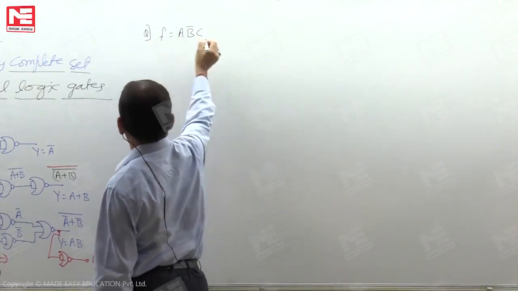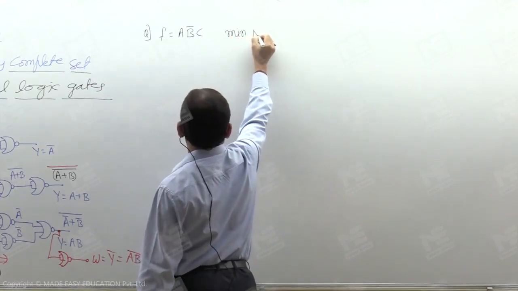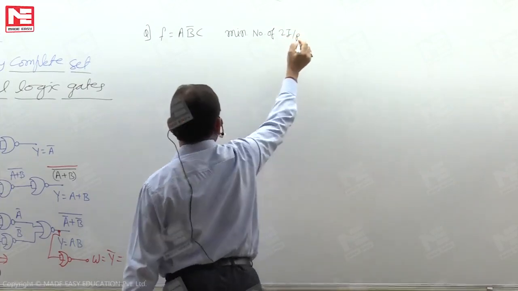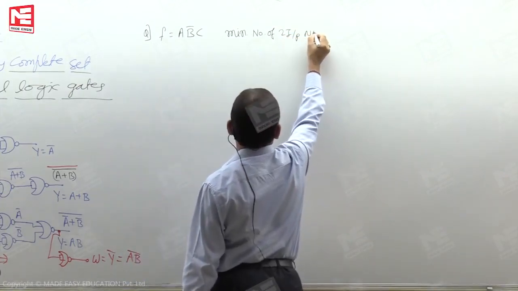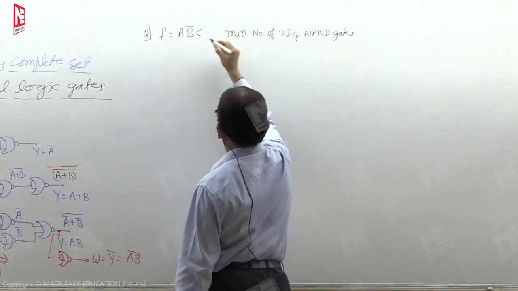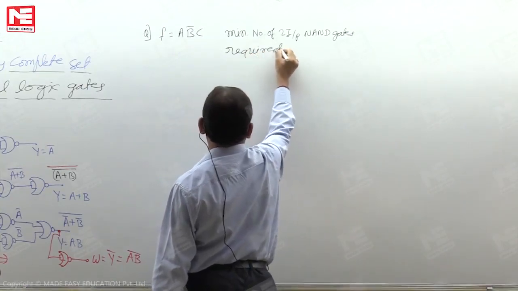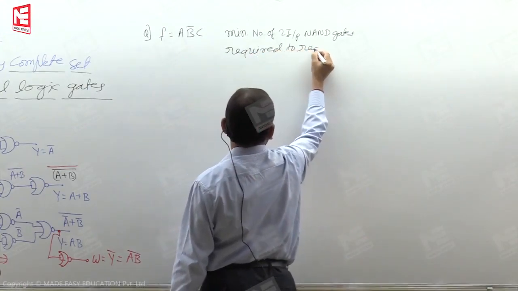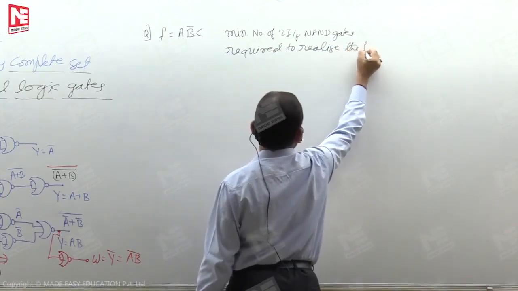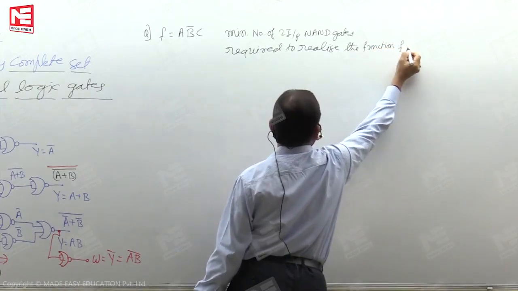The question is: the minimum number of 2 input NAND gates required to realize the function f.